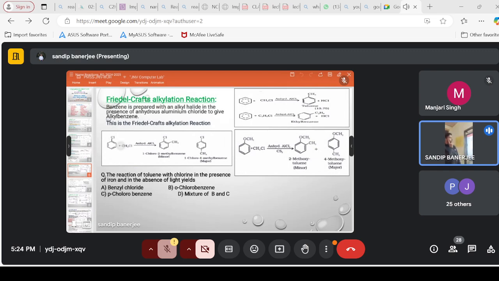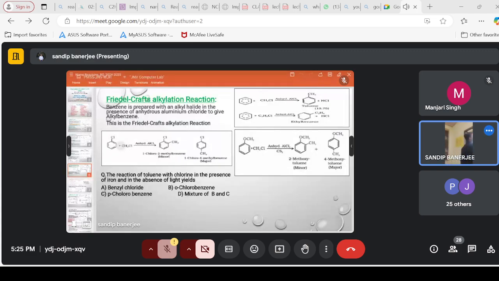Now, the next reaction. This reaction is associated with the alcohol chapter and the haloalkane and haloarene chapter. Both are associated. This reaction is called the Friedel-Crafts reaction. Here the substrate is nothing but a pi electron rich system, which means the substrate should be benzene connected with an electron-rich group.